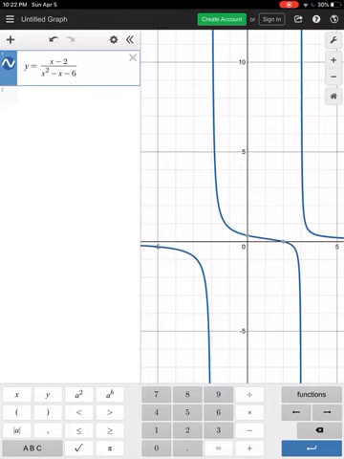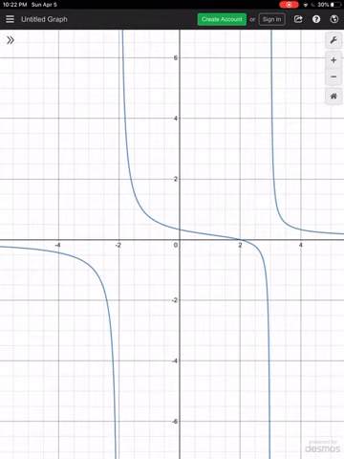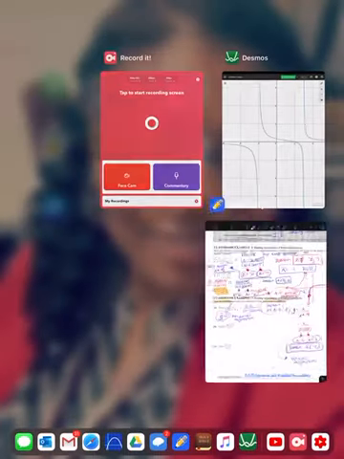If you notice, on the ends of the graph, both sides are getting closer and closer to the x-axis, which is y equals 0.